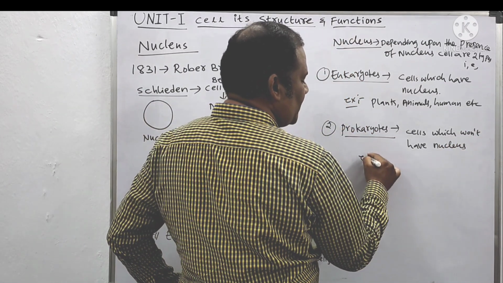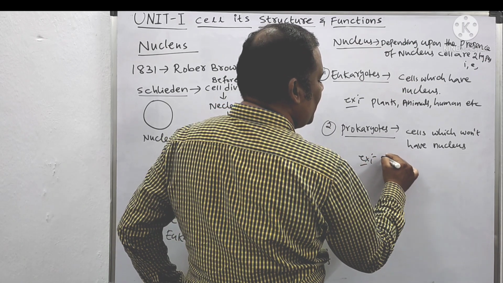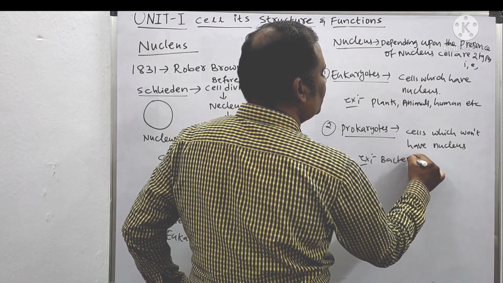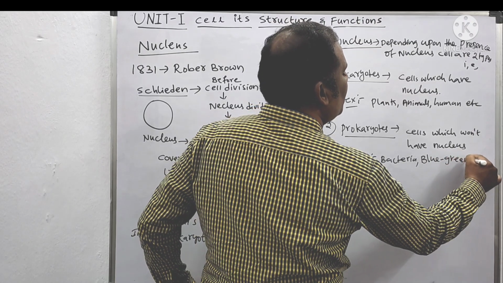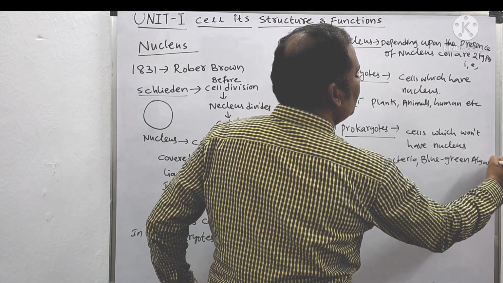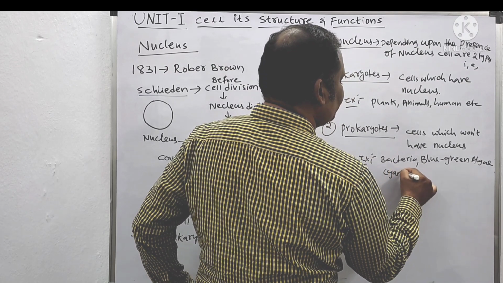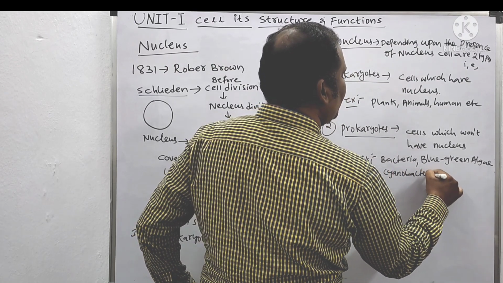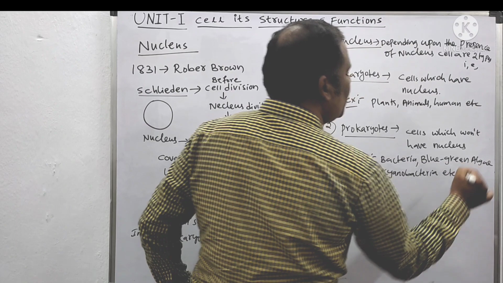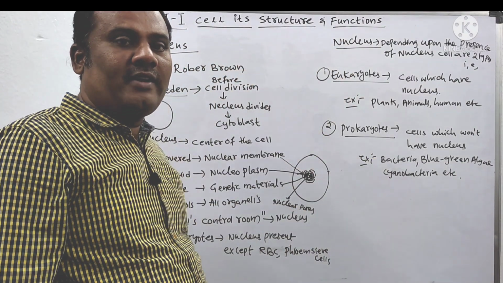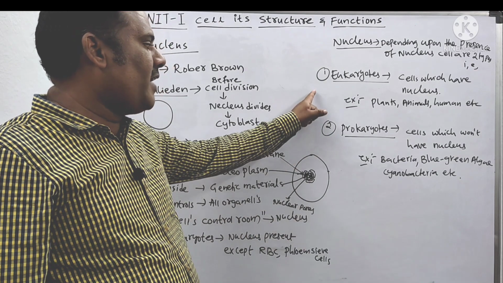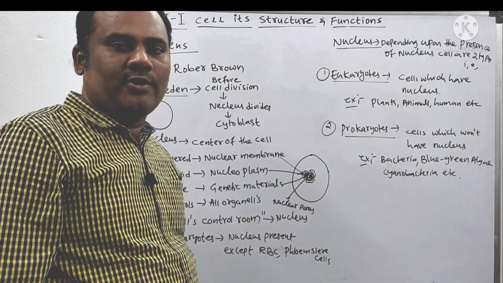Examples are bacteria, blue-green algae and cyanobacteria. So depending upon the nucleus, we classify cells as eukaryotes as well as prokaryotes.